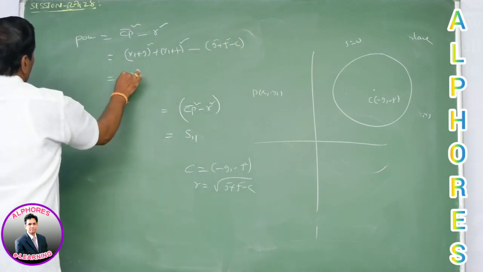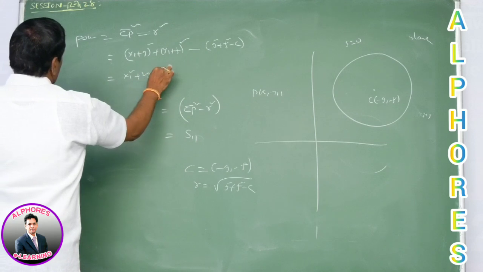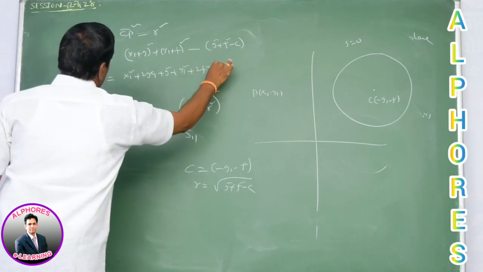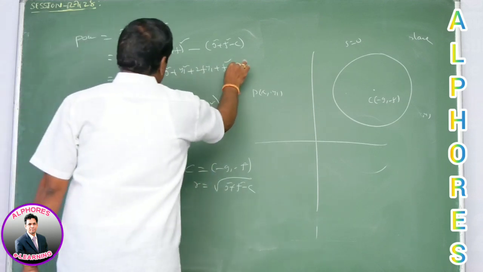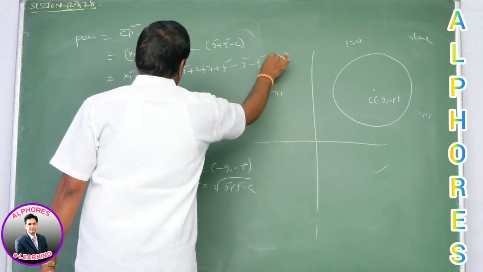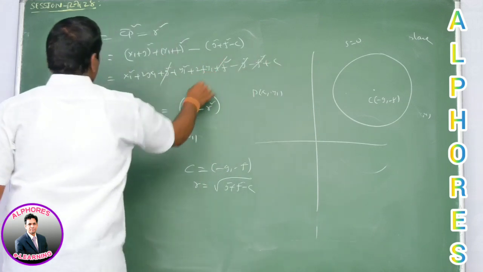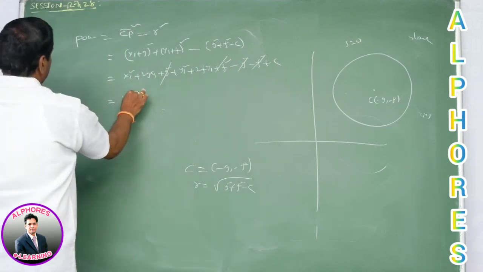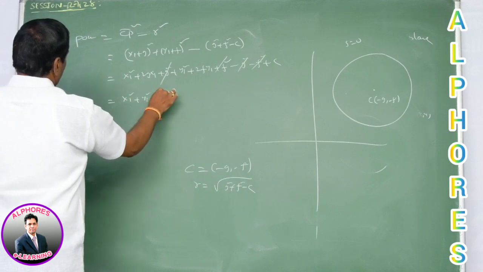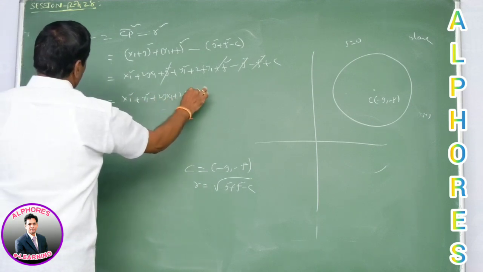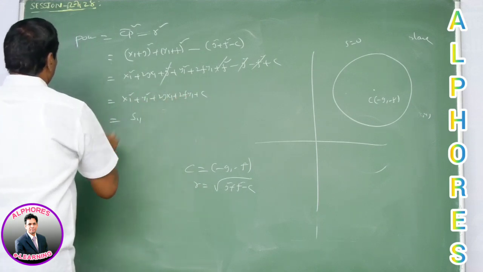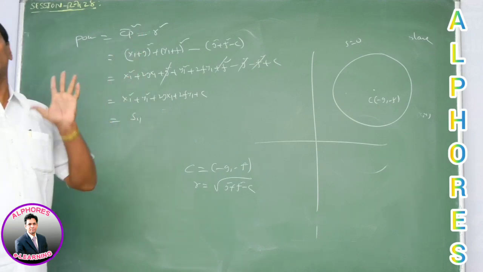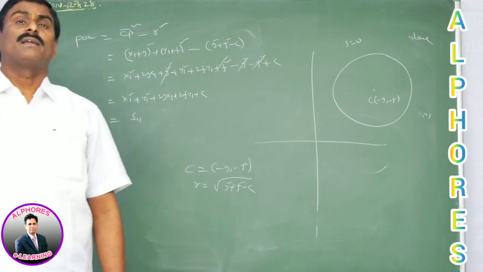After simplification, x1 square plus 2gx1 plus g square plus y1 square plus 2fy1 plus f square minus g square minus f square plus c. g square and f square cancel. It reduces to x1 square plus y1 square plus 2gx1 plus 2fy1 plus c, which is nothing but S11. The value of CP square minus R square is nothing but S11. So the power of the point with respect to the circle is nothing but S11.